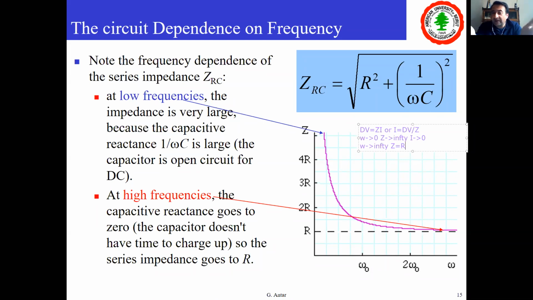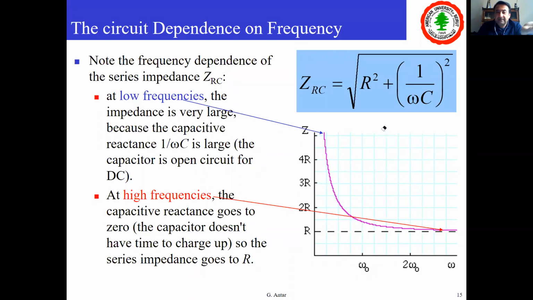If I don't have a capacitor, this means that my I is equal to delta V divided by R. So when omega is very small, my capacitor is fully charged and my current is equal to 0. When omega is very high, my capacitor does not have the time to charge or discharge, and basically it is as if I have no capacitor and only a resistor in my circuit.